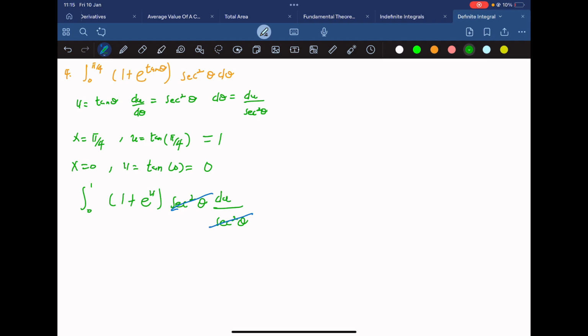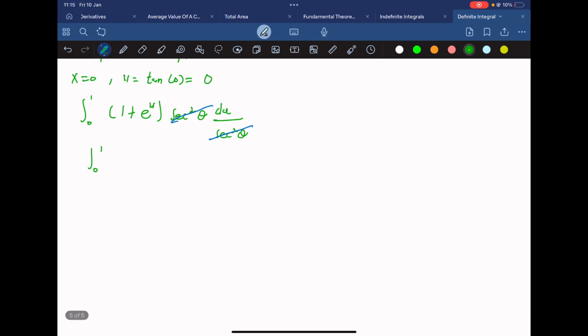So we just have the integral from 0 to 1 of 1 plus e to the exponent of u du. So now let's go ahead and integrate. Remember, if you integrate a constant, you get the variable that you are integrating with respect to. So in that case, we have just u over here. And if you integrate e to the exponent of u, you have the same thing.